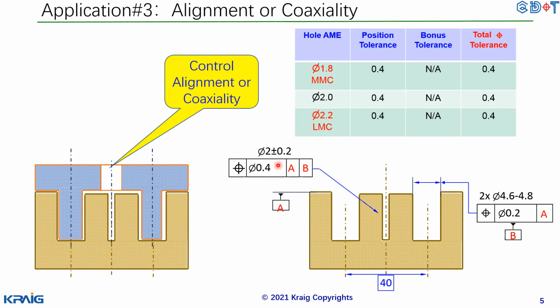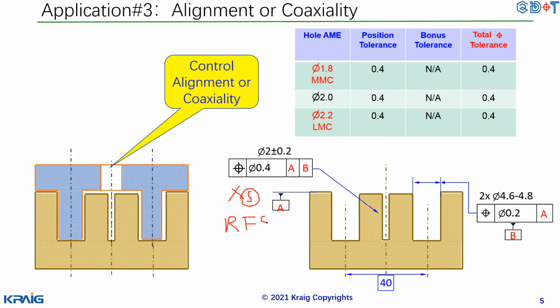So put nothing here. In the old ASME standard, there was an S circled, but this S circled is obsolete. We shouldn't use this one anymore. Even if you put S circled here, it means nothing, because S circled means regardless of feature size.